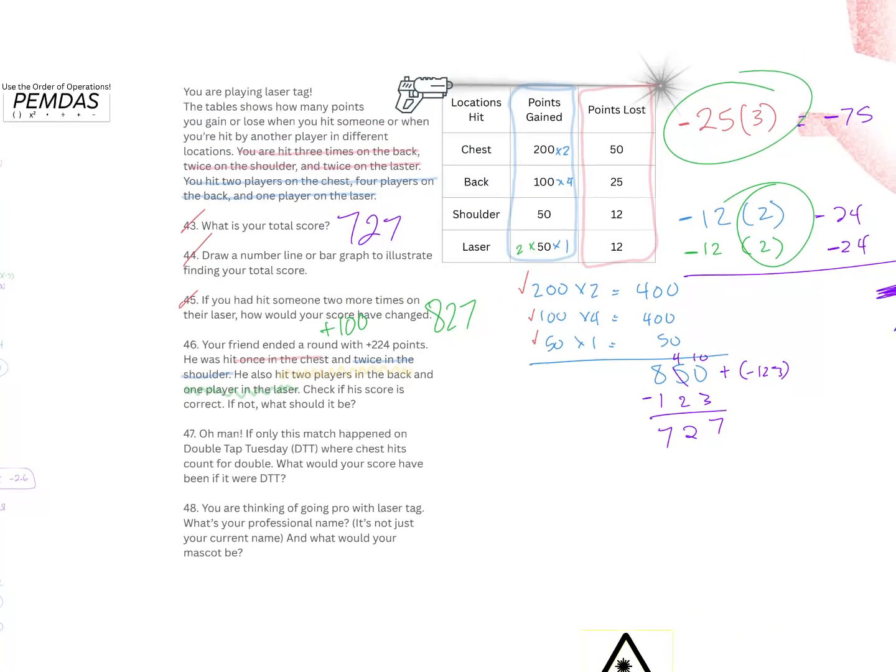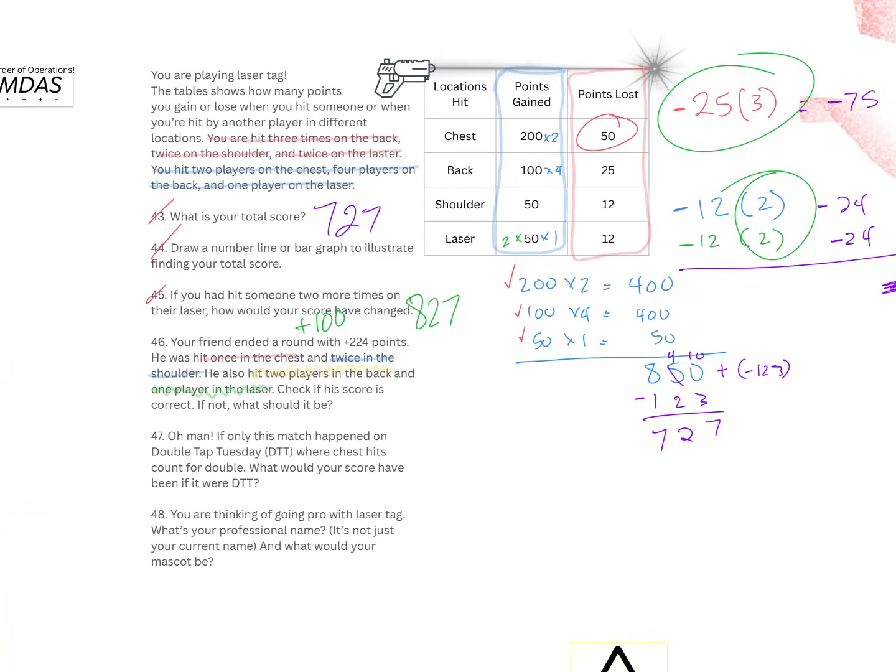So he was hit once in the chest. He lost 50. Once in the chest, twice in the shoulder. So he lost 2 times 12. Right? So that is negative 74 points, yeah? And then he hit 2 players in the back. That's 200, because 2 times 100. And 1 in the laser, that was 50.